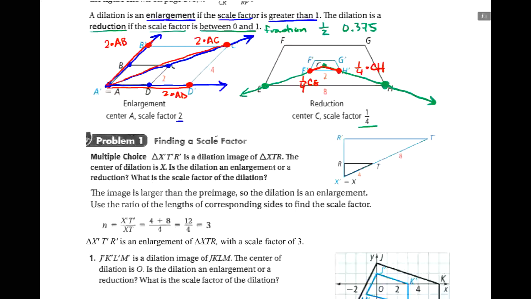So you see how an enlargement, you multiply and you get a longer line. A reduction, you multiply and you get a shorter line. And we would continue to do that for points F and G, but I think you get the point here.